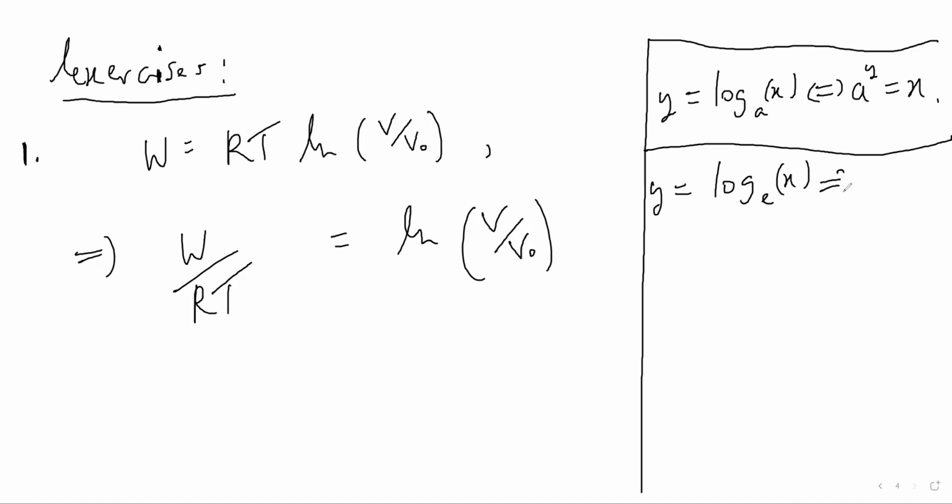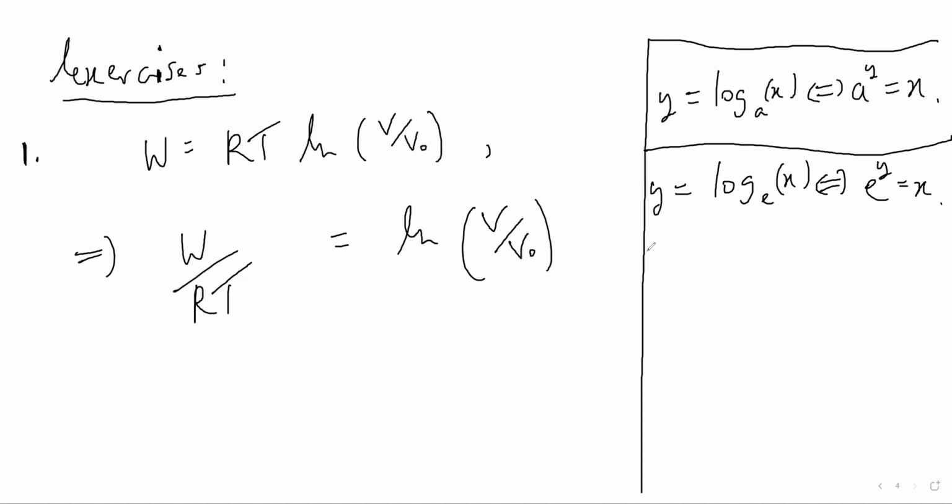So this is if and only if, because now our base is e, not a, e to the y is equal to x. Let me correct this. This is supposed to be x here. So you see, it's the same definition that also applies for natural logarithms.